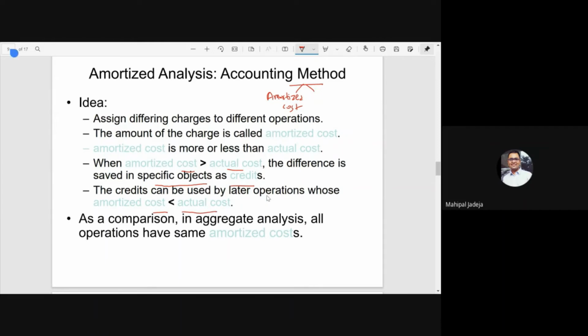So what is the overall idea of this? We are going to give cost higher than the actual cost to some of the operations, and the remaining amount which is credited will be used for future operations, and that's the overall idea. So this will become more clear when we take examples.